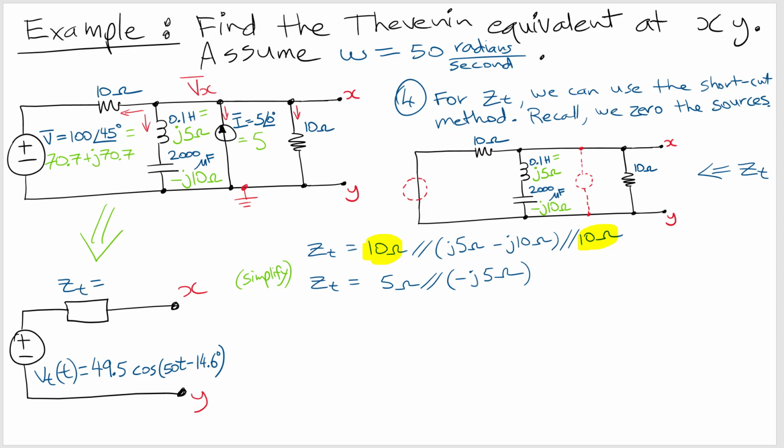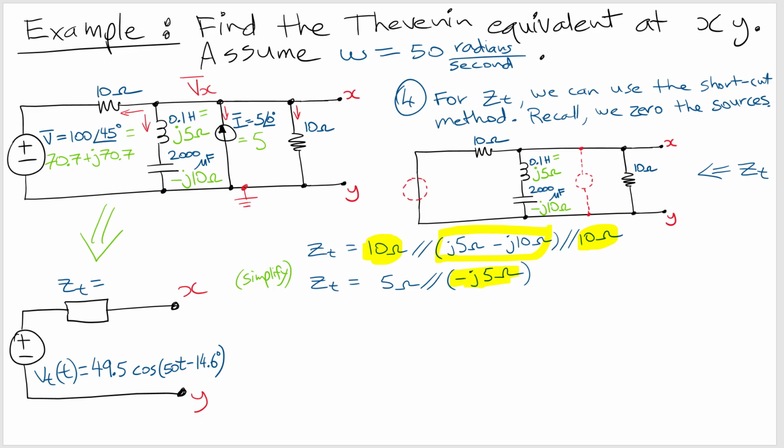We can calculate that out. If you don't believe it, use the formula to calculate parallel resistors and check that you get 5 ohms for this. And then what I've done here is I've just added these together. j5 minus j10 is j(-5).